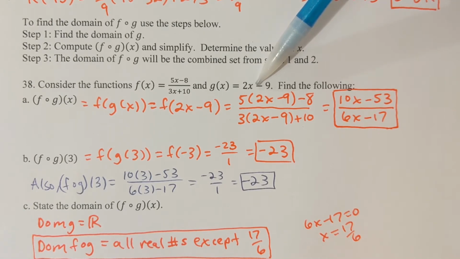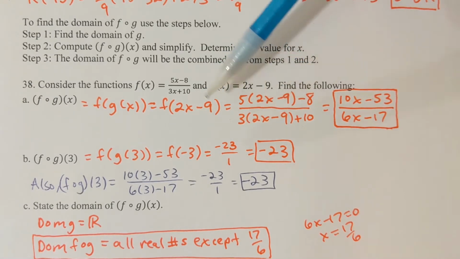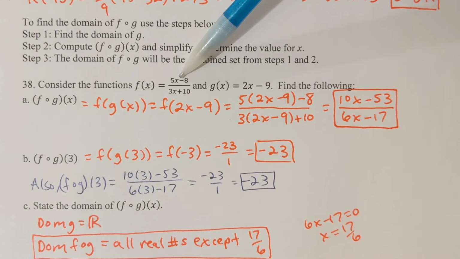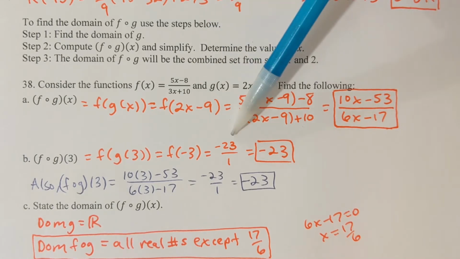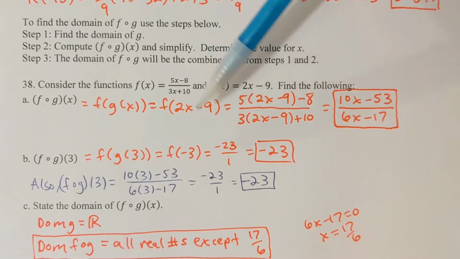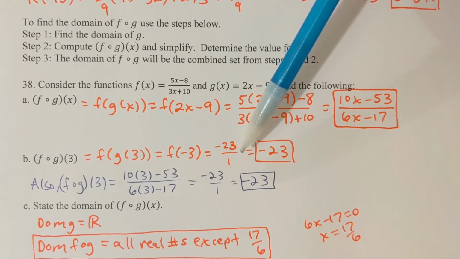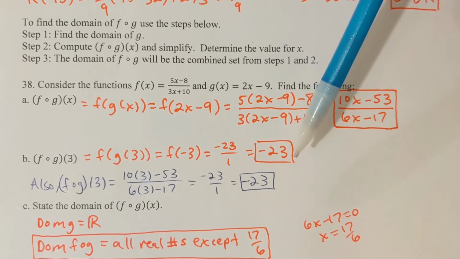So in this problem, we are just supposed to find f of negative 3. If you plug in negative 3 into f, negative 15 minus 8 is negative 23 in the numerator. Negative 9 plus 10 is 1 in the denominator. Negative 23 over 1 is negative 23.